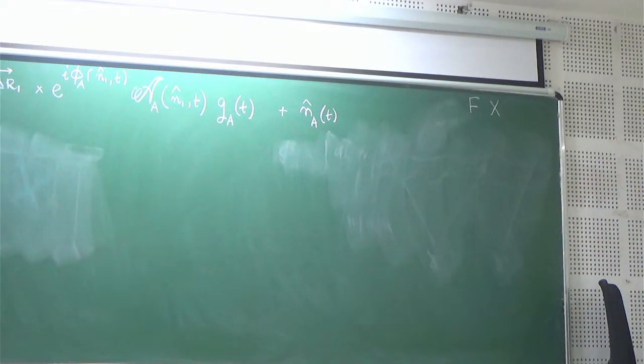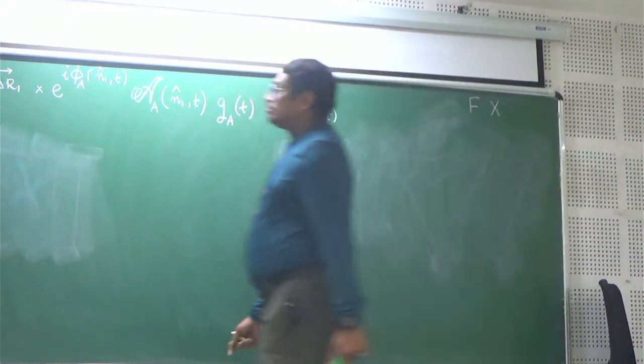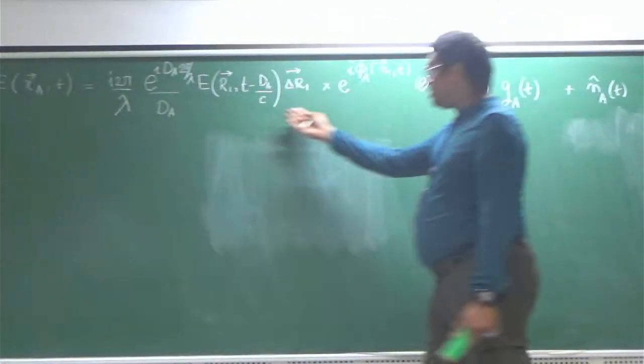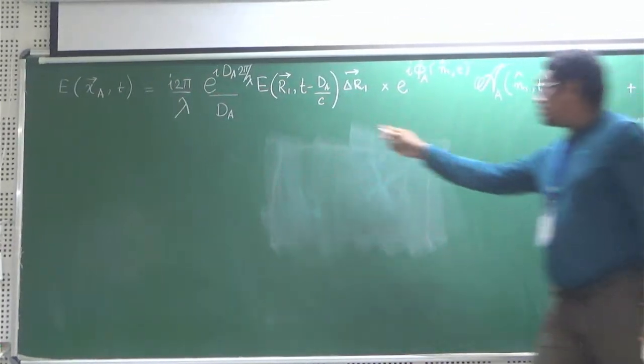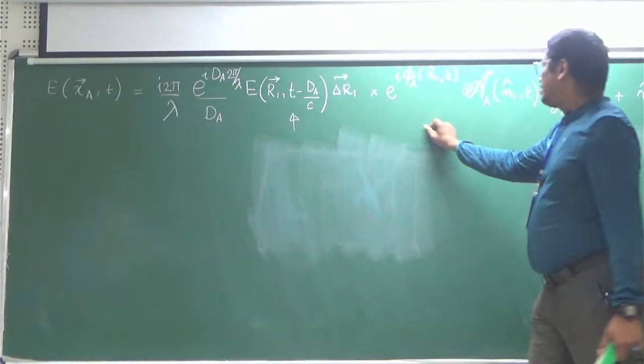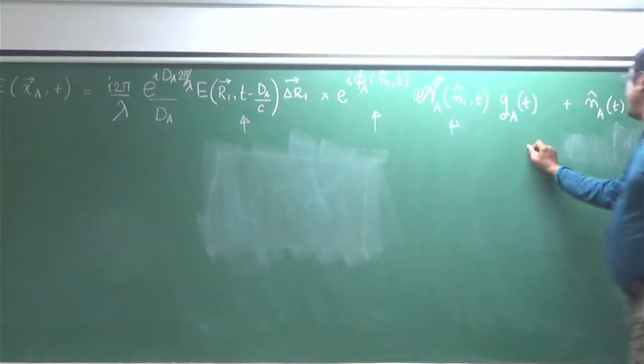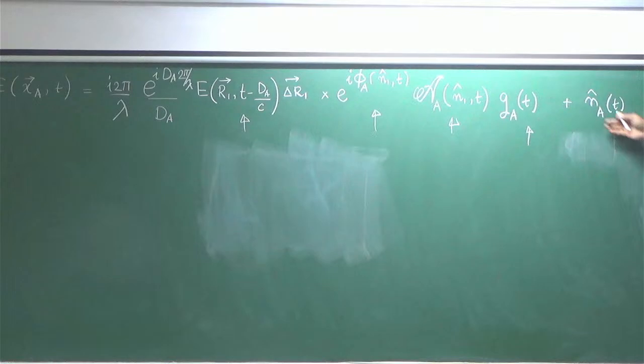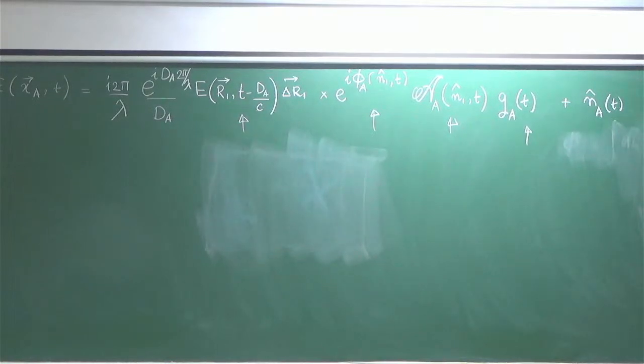F for Fourier transform, X for correlation. So how do I do that? Well, I have a frequency dependence here, here, here and here.